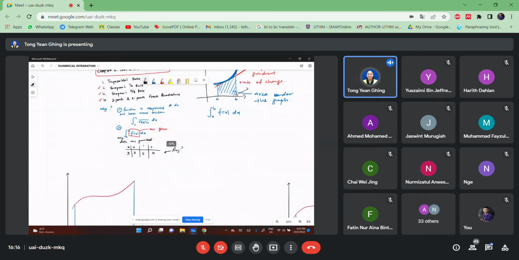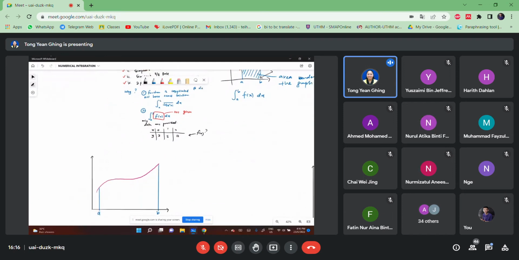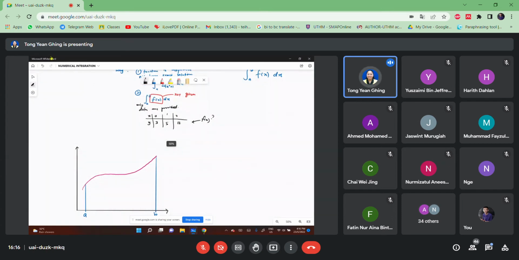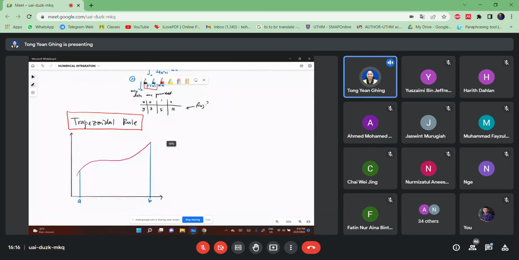So I give you an example. For the numerical methods, when we want to do numerical integrations, the basic way we use is the trapezoidal rule. I'll explain this one first, even though this is not covered in your syllabus, just a little bit. Do you know what a trapezoid is?